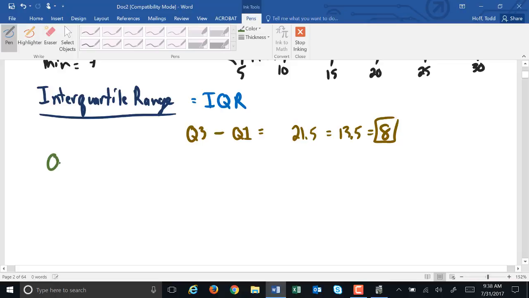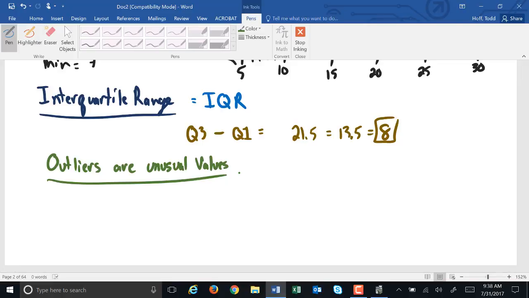So outliers, remember we said, are unusual values. They lie way out away from the other values. And one of the ways of judging an outlier is by using the interquartile range.